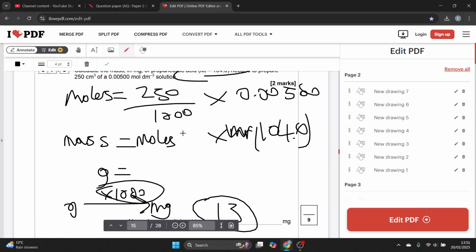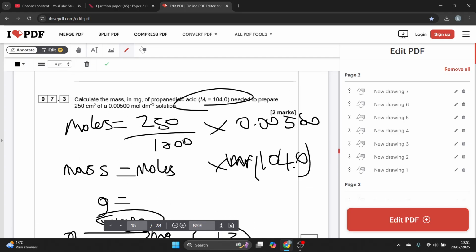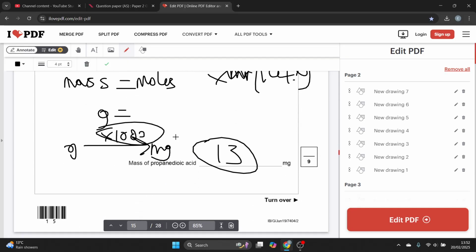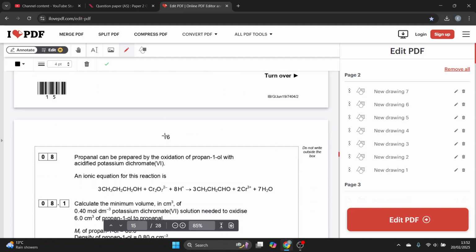I've done something wrong. 250 divided by 1000, times 0.00500, times 104.0, and times 1000 gives 130. I don't know what I did before, but yeah, it's 130 once you times by 1000 to get it to milligrams.